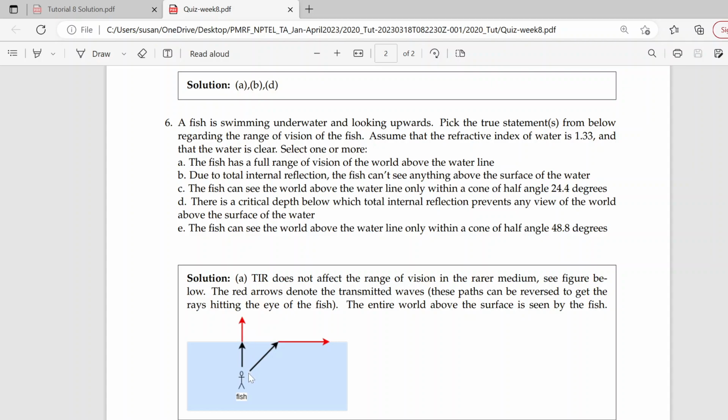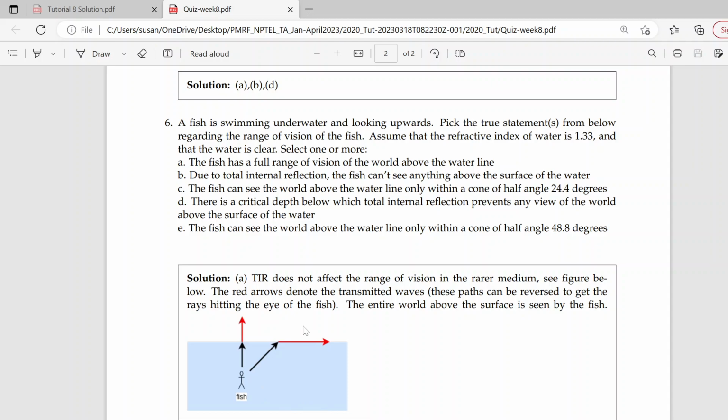Okay, and see this, this is in this angle. So this red arrow is just at the surface of the water line. Okay, so this denotes that the entire world above the surface is seen by the fish. So this total internal reflection is not going to affect the range of vision in the rarer medium.